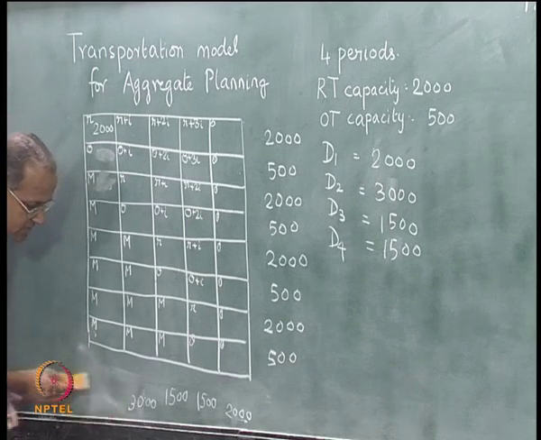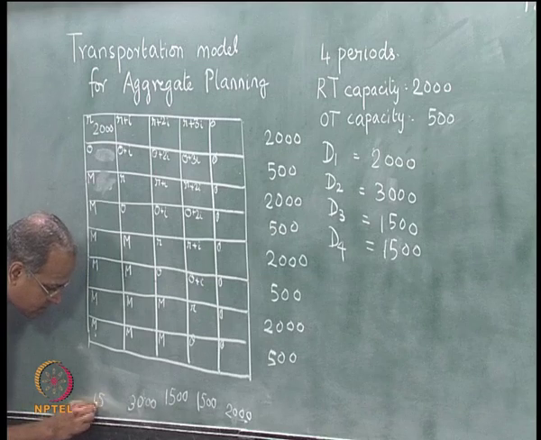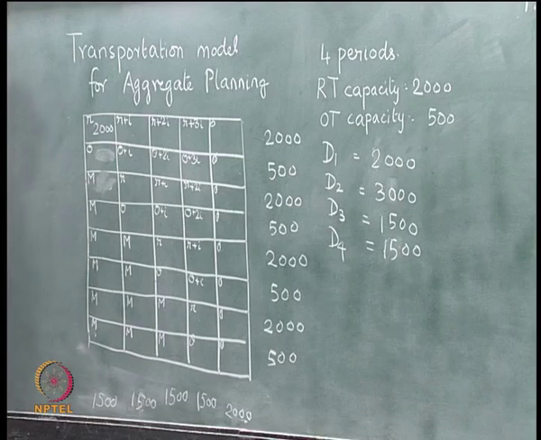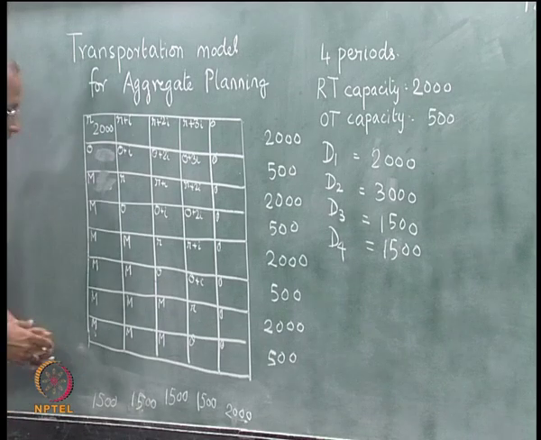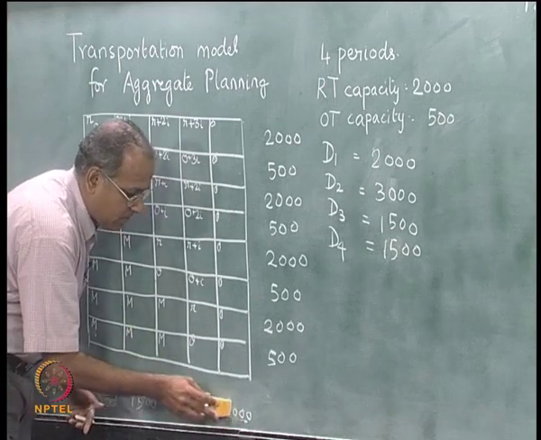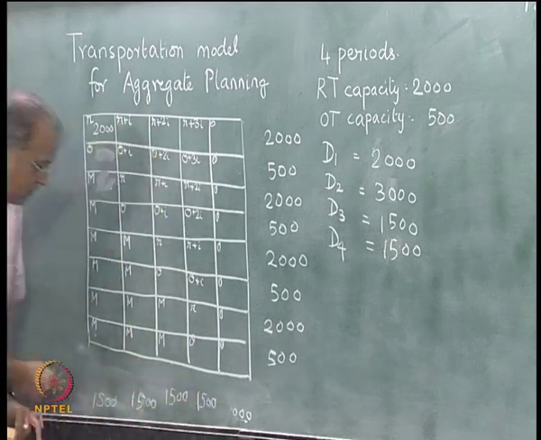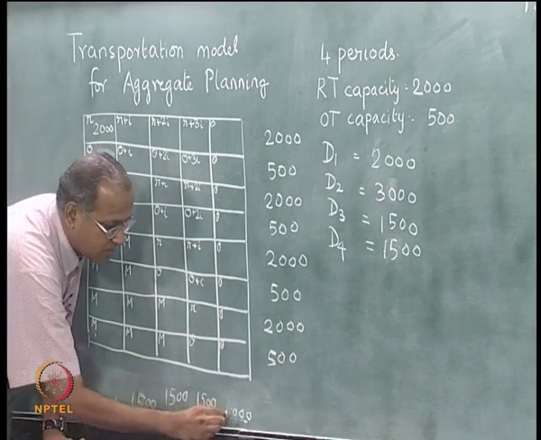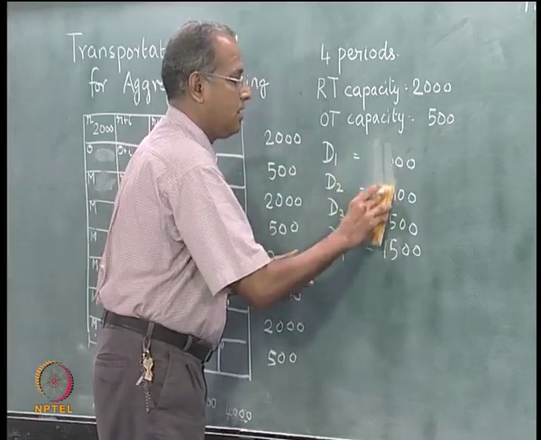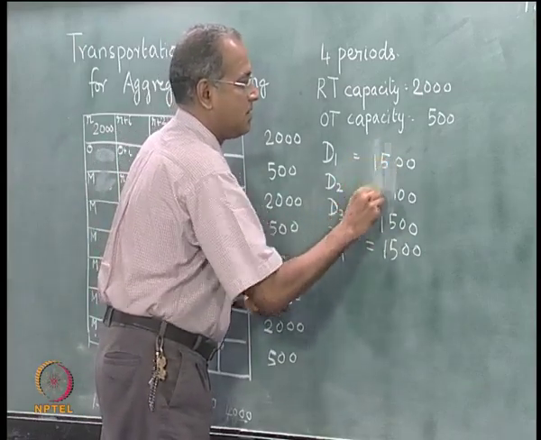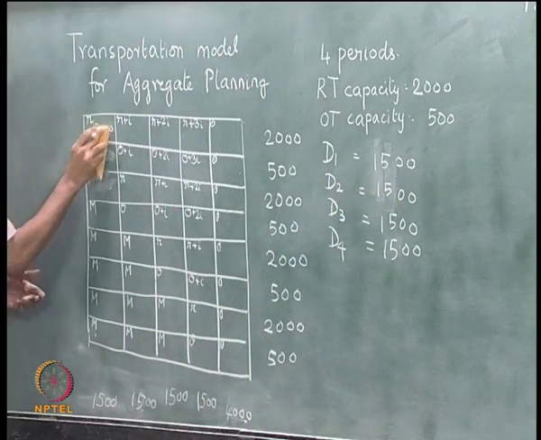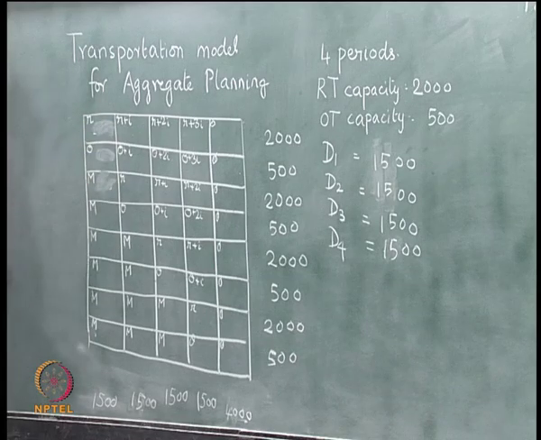So, I am going to make this as 1500, also I am going to make 1500, so that the demands are 6000. So, this will become 4000. I am going to make all the 4 demands as 1500.